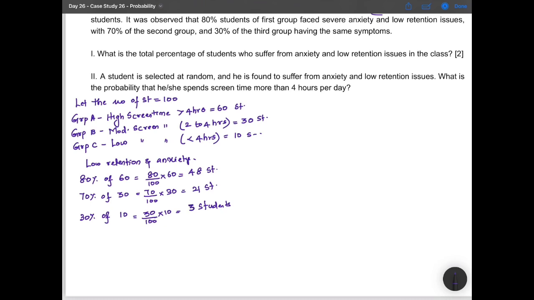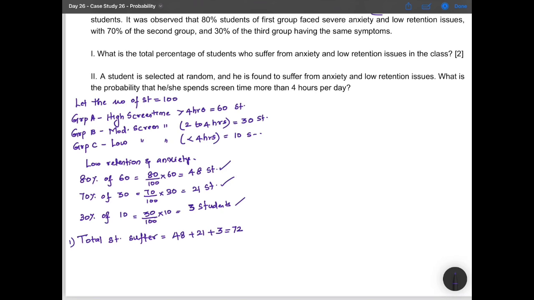First question, what is the total percentage of students who suffer? So total students suffering from anxiety and low retention is equal to 48 plus 21 plus 3. 48 comes from group A, 21 comes from group B, 3 comes from group C, which is equal to 72.